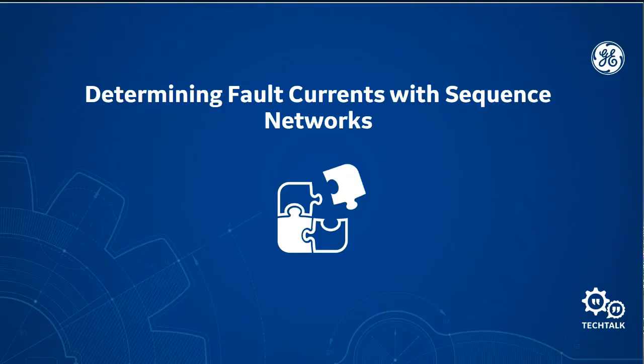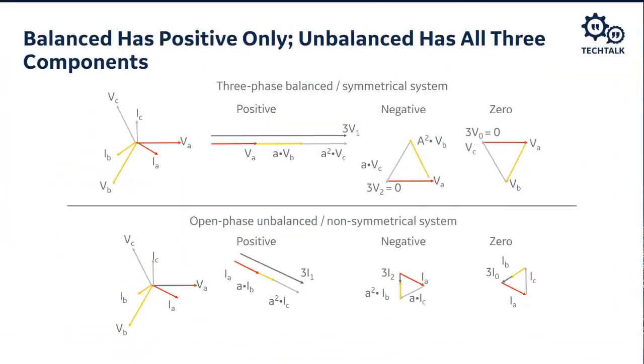Now, if I go back to this, if I took the B phase voltage and I shifted it by 240 degrees in that same counterclockwise direction, it would be sitting up where VC is now.